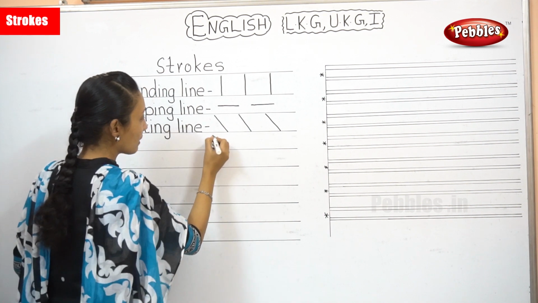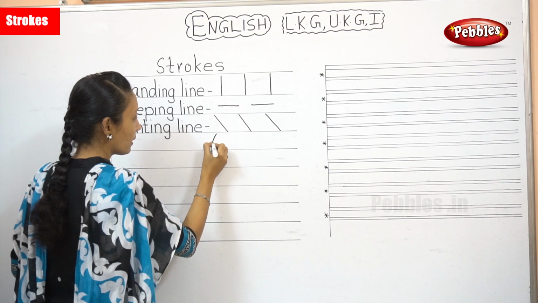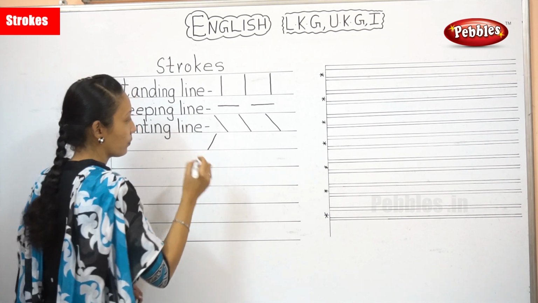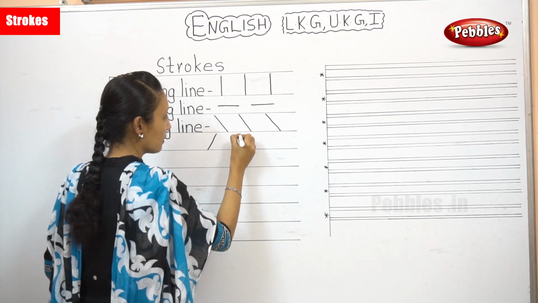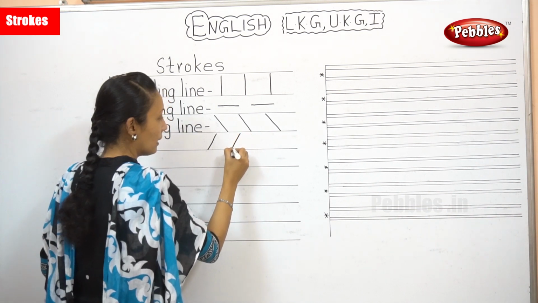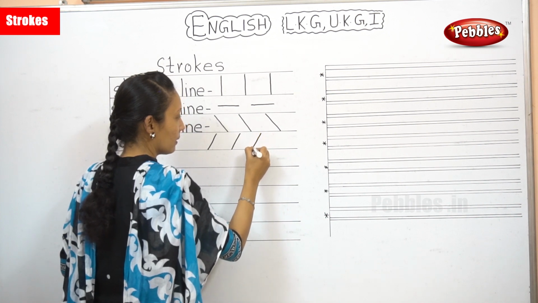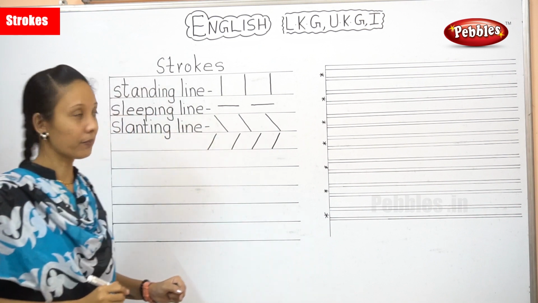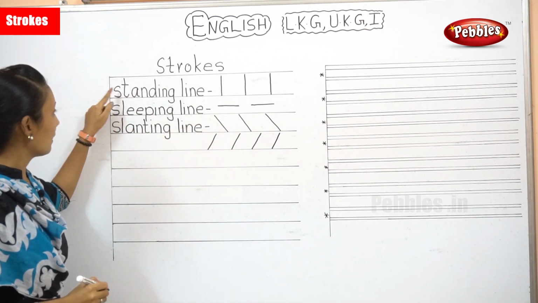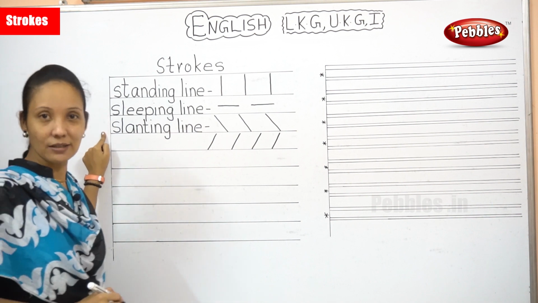Now your next slanting line is from your right down to your left. Once again, you have two slanting lines, from your right to your left and from your left to your right. These are your slanting lines. Now, standing line, sleeping line and your slanting line.